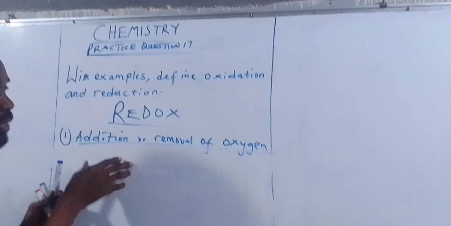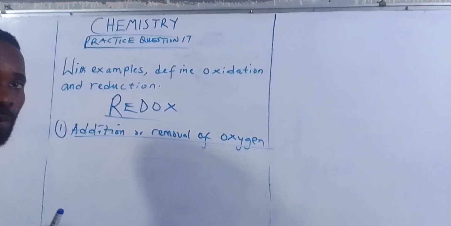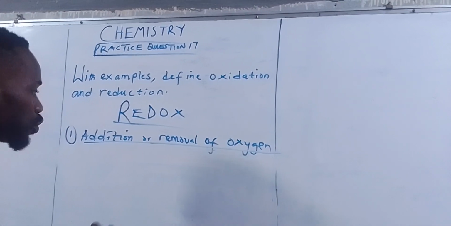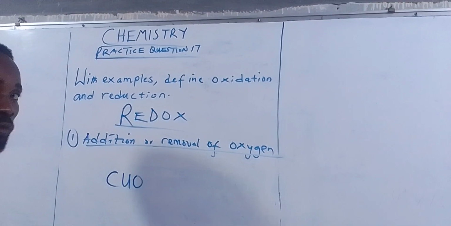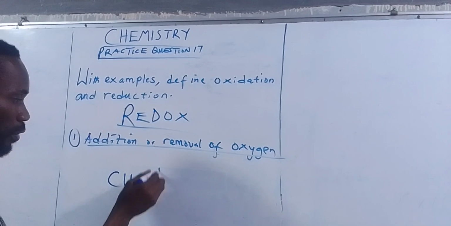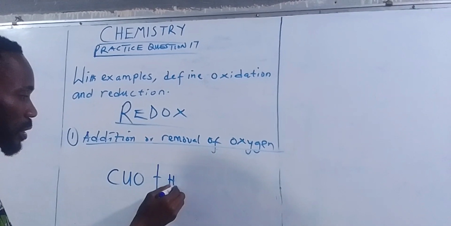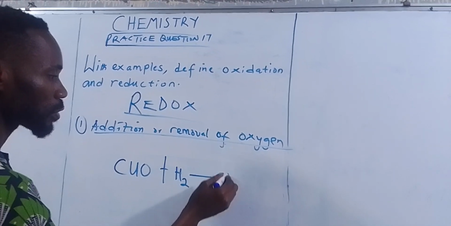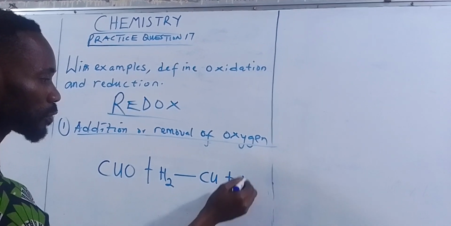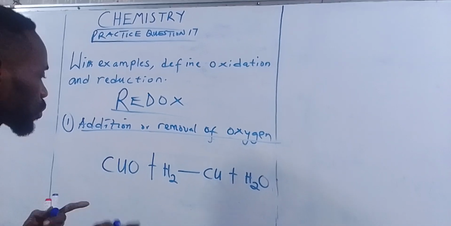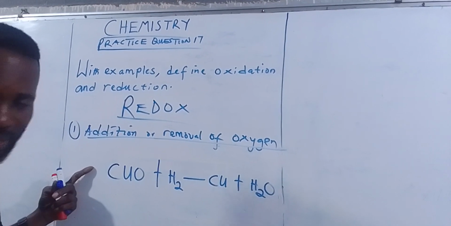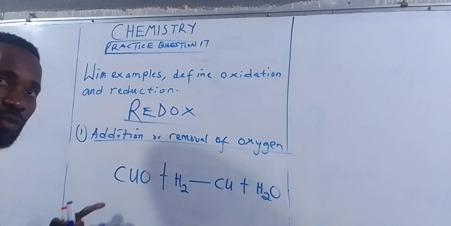Now, by the principle of addition or removal of oxygen, using the equation below, CuO, copper 2 oxide, plus hydrogen to form copper plus water. Now, in this reaction, if we want to define oxidation, we say addition of oxygen to a substance.